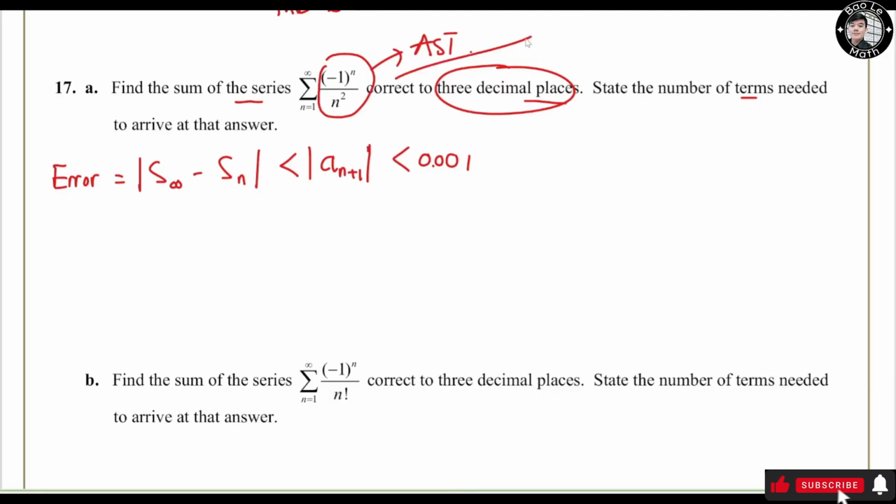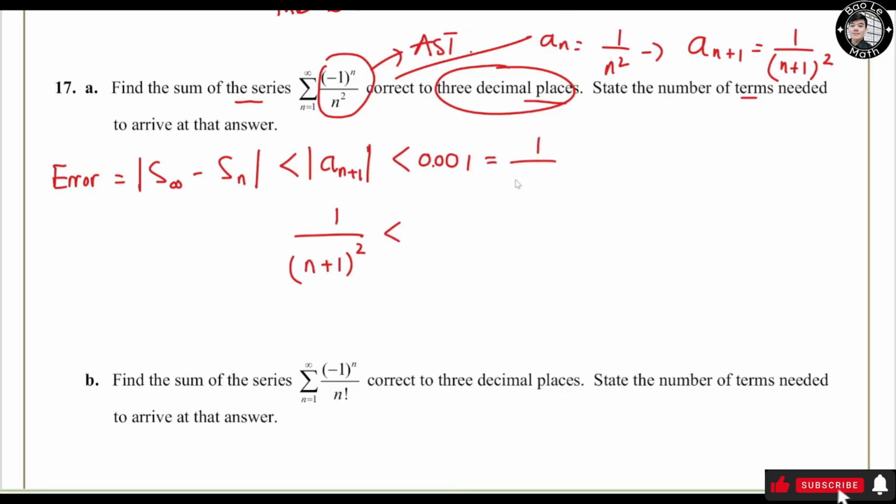So we have a sub n equals 1 over n squared, then a sub n plus 1 equals 1 over n plus 1 altogether squared. So we have 1 over n plus 1 altogether squared less than 0.001, which is actually 1 over 1000.